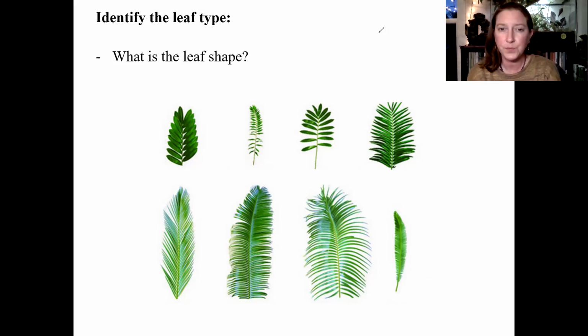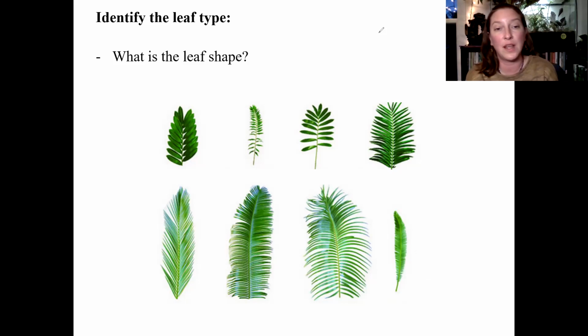So these are definitely compound leaves. And then we've learned about 2 different types of compound leaves. We learned about palmately compound, which looks kind of like a palm, and pinnately compound, which looks kind of like a feather. And so what do these look more like? A feather. Yes, they look like a feather. So we know that these are pinnately compound.